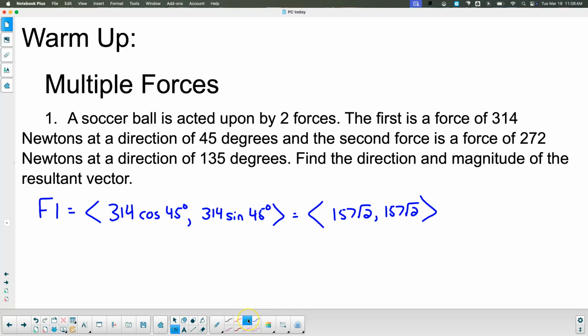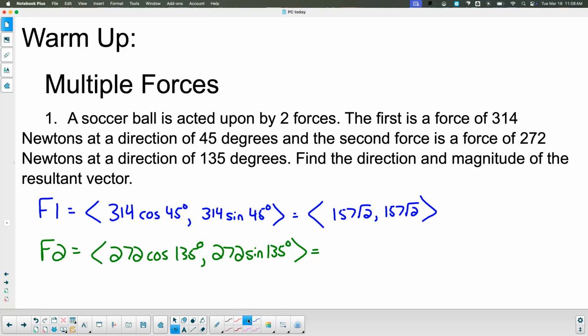And then we've got the second force, 272.